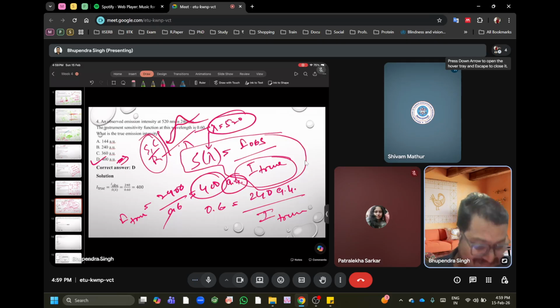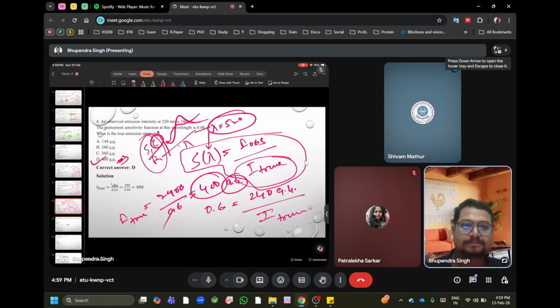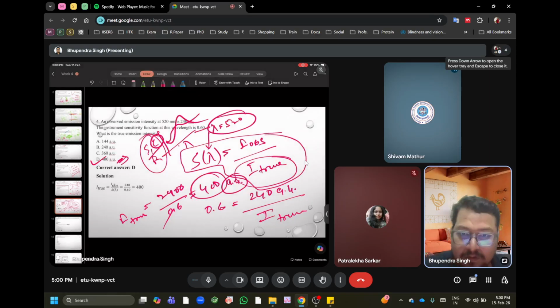So the sensitivity function comes into this correction file. I believe this is good. Okay, moving on to the next question.